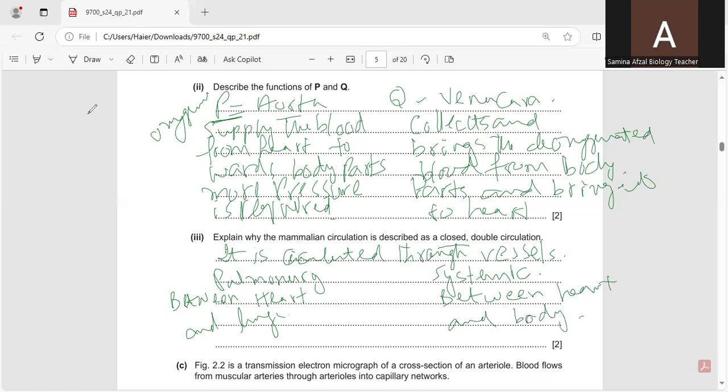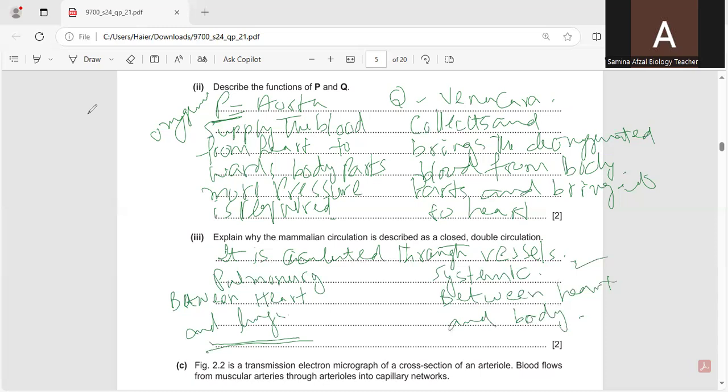In pulmonary circulation, the pulmonary artery takes the deoxygenated blood from the heart towards the lungs, and from the lungs, the oxygenated blood is carried by the pulmonary vein towards the heart, into the left side of the heart or the left atrium.